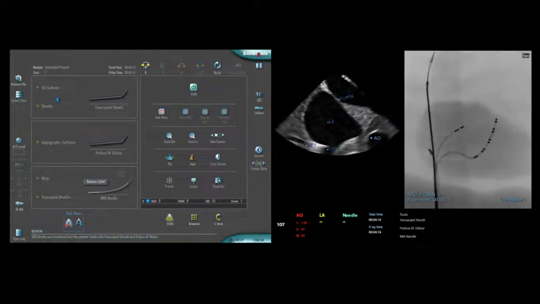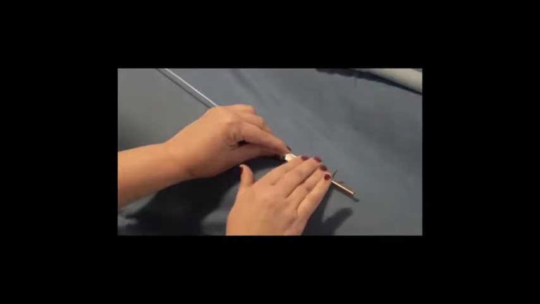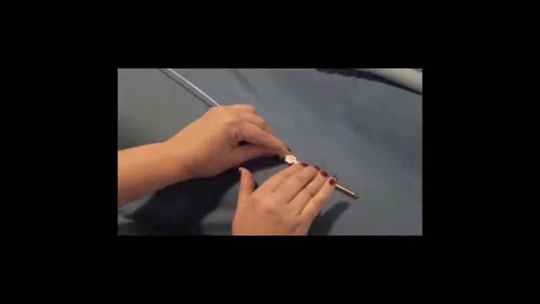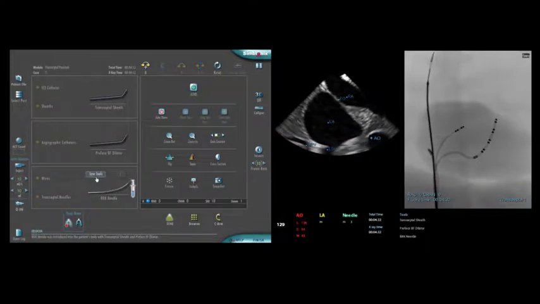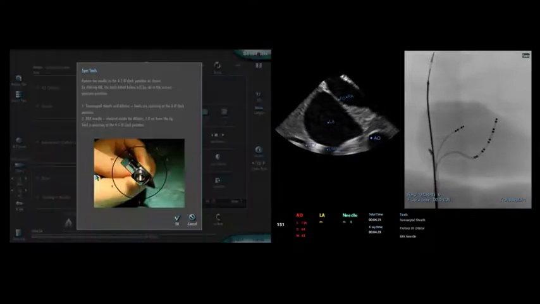Then the lumen is flushed and the needle is carefully advanced up until the distal part of the needle reaches the distal part of the dilator without protruding. You see here that the operator is taught how to measure the distance, which guarantees the safety of not protruding the needle in the superior vena cava.